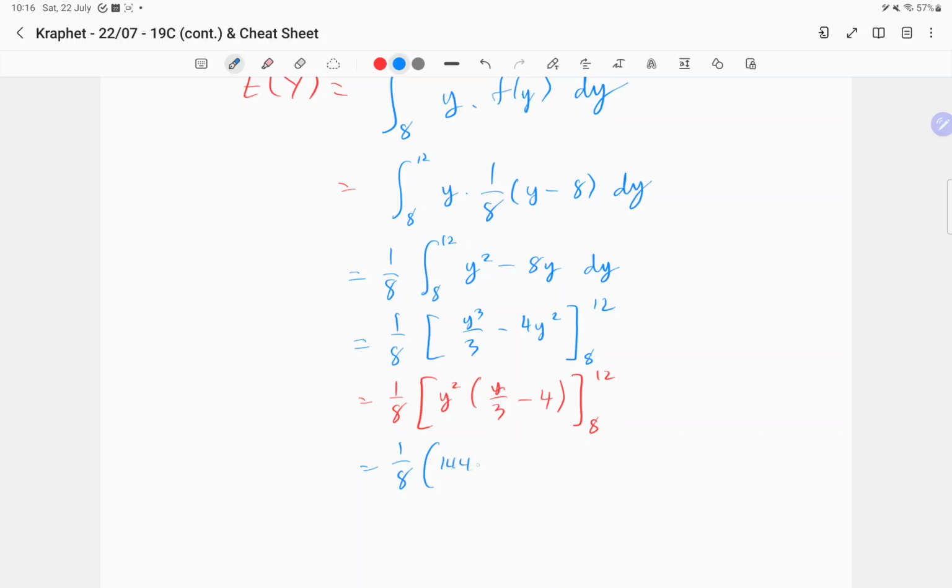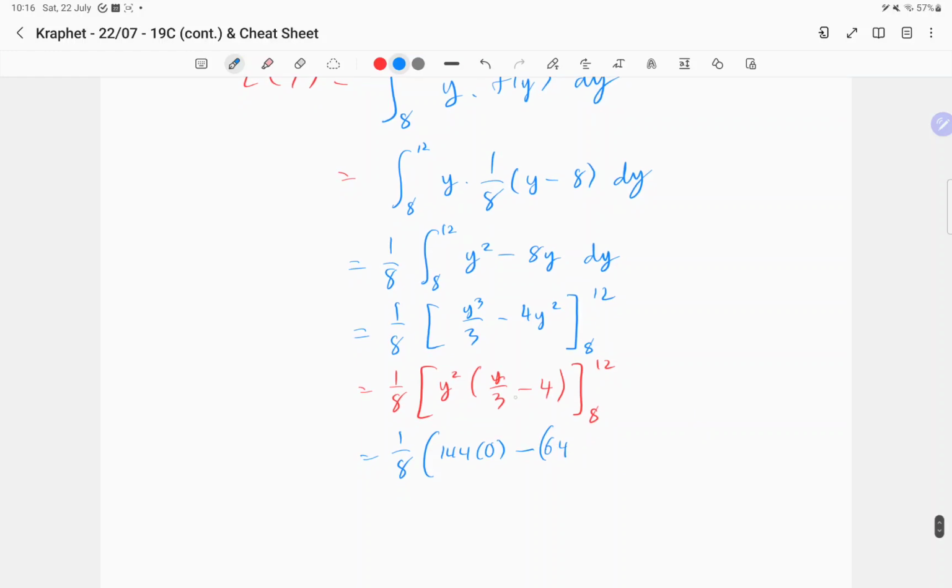It'll be 144, and in the brackets is 12 over 3, which is 4 minus 4, which is 0. Minus 8 squared, which is 64, times in the brackets 8 over 3 minus 4.